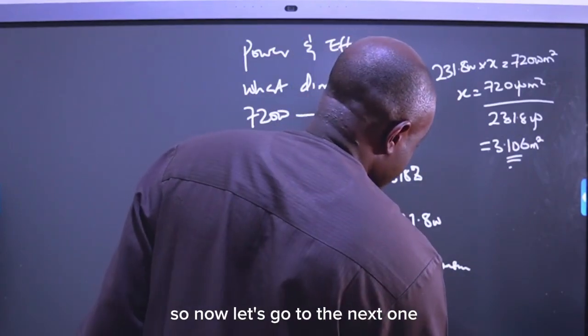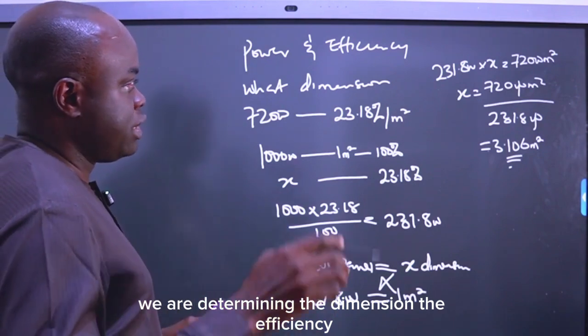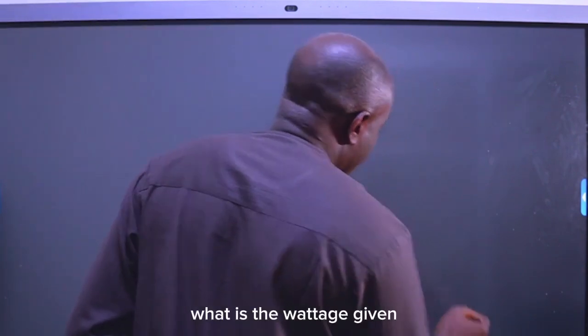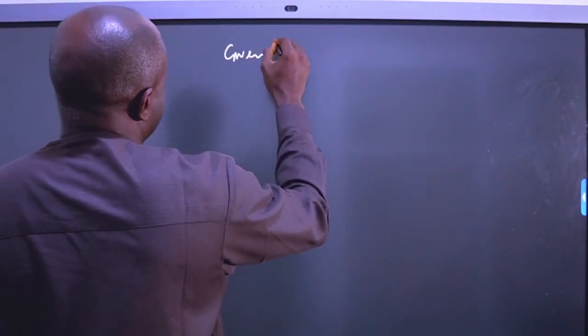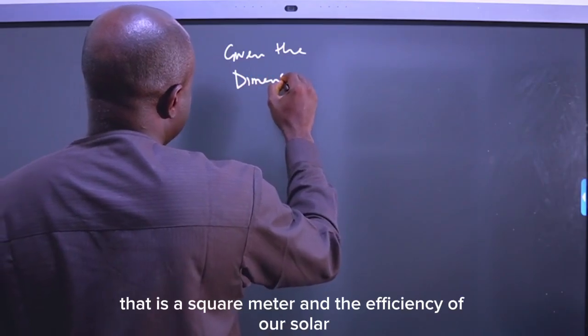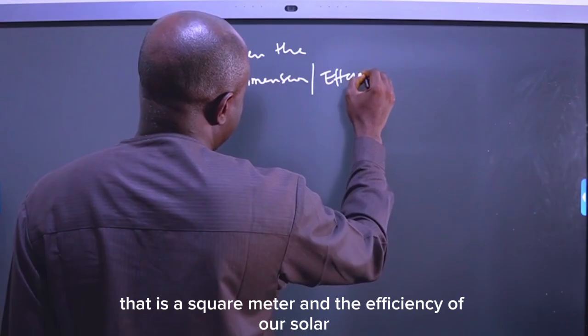Now let's go to the next one. We have determined the dimension and the efficiency. Let's determine the wattage. What is the wattage given the dimension, that is the square meter, and the efficiency of a solar panel?